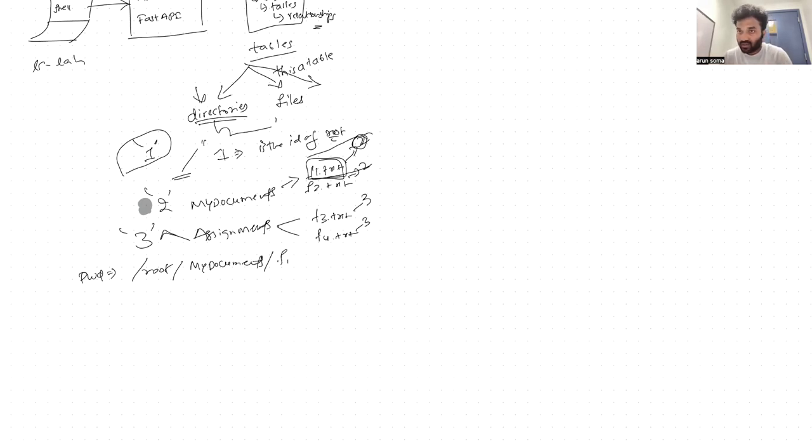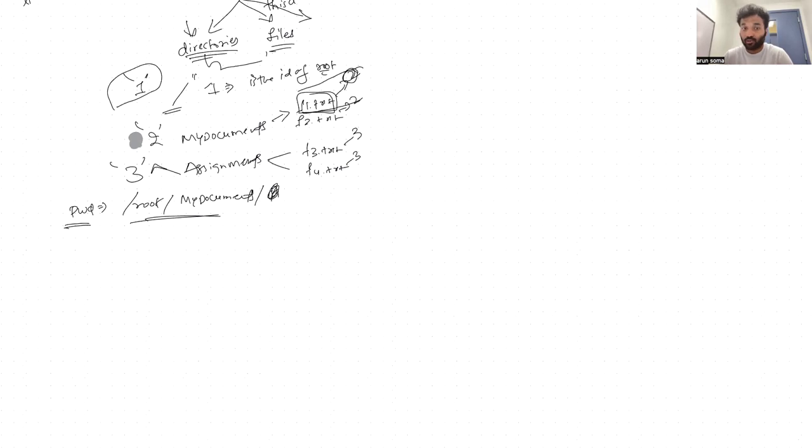PWD is present working directory, right? So this is the kind of logic: you create new files and new directories, not in the database, using your shell only, and you will be able to manipulate the database using your shell commands. So that is the basic idea of this project.